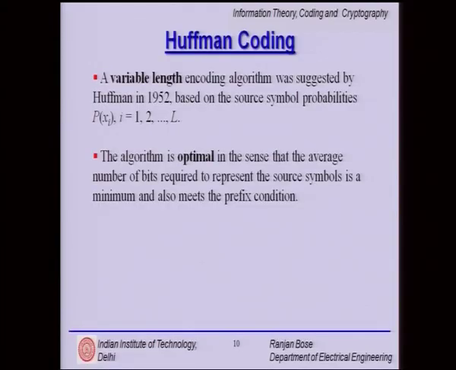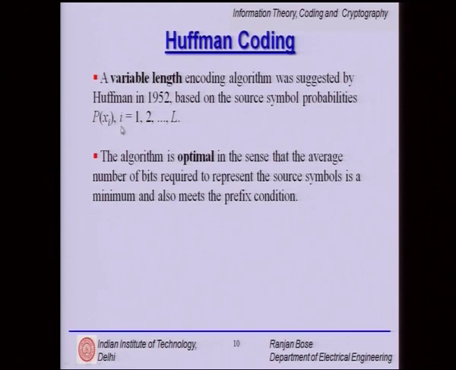Since this prefix code is such a good case to argue for, we should look at an example of how to come up with a prefix code. This was introduced in 1952 by Huffman as a variable length encoding algorithm. What it requires is the source symbol probabilities P(xi).